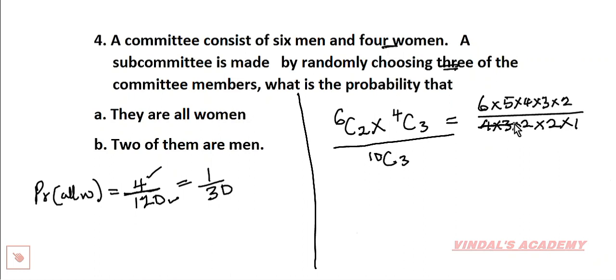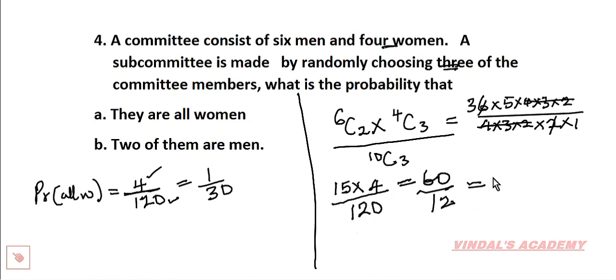So the 4 will cancel every 4 here. Then 2 into this is going to be 3, and that is 15, times 4 combination 3, which is 4, and everything is going to be all over 120. This is going to be 60 over 120, which is 1 over 2. So that is for the second one.